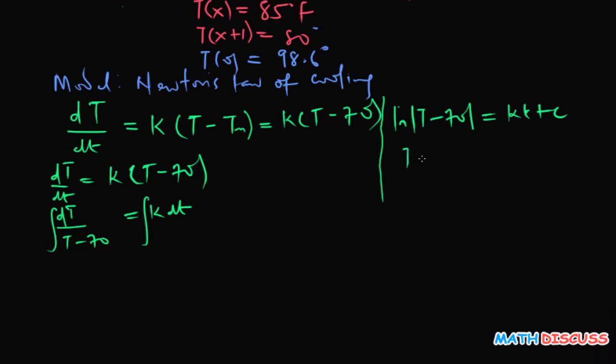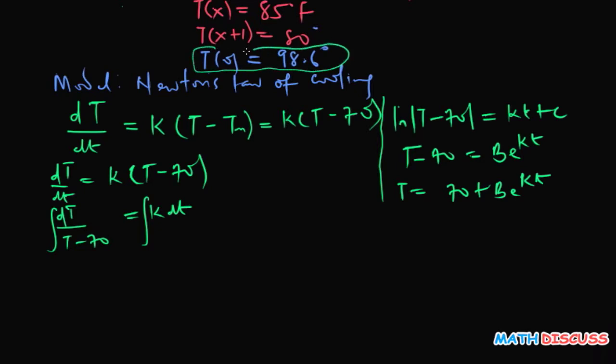So this gives us T minus 70 equals B e to the power kt, and finally we have T equals 70 plus B e to the power kt. Now we are told that at time t equals 0, the temperature is 98.6 degrees Fahrenheit. So we implement that here.